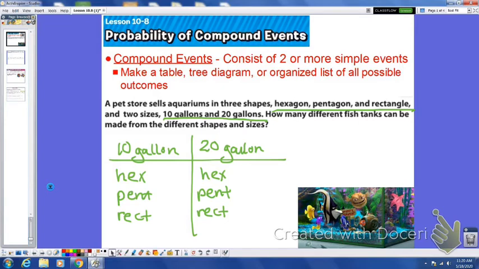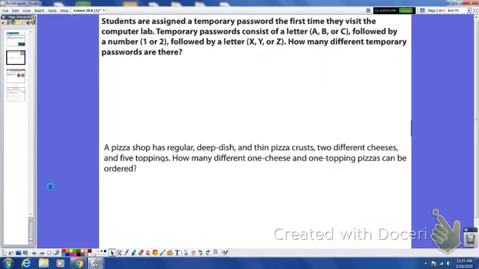Okay, so from here, there's 3 options under each size, so that tells me there are 6 different tanks. And again, we have listed on our table what all the different tanks are. Okay, so there's an example using a quick table.